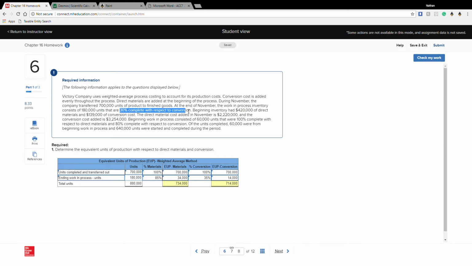Notice it only gives us a percentage related to conversion. If it's only doing that, that means materials was 100%. So we're left with 880,000 related to materials. Here we were closed. But we have 30%.